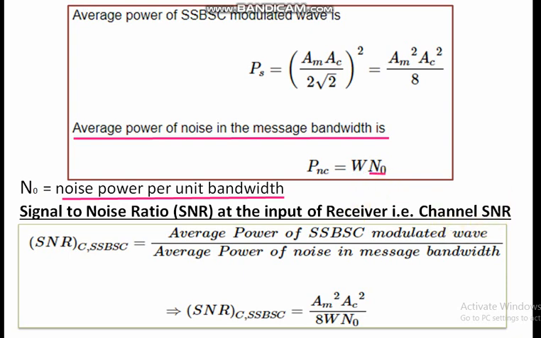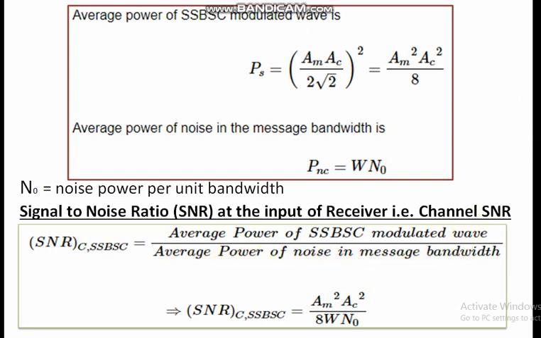Now, if we are going to calculate the SNR at the input of the receiver, that is the channel SNR, then the formula is the average power of the SSB-SC modulated wave divided by the average power of noise in the message bandwidth.